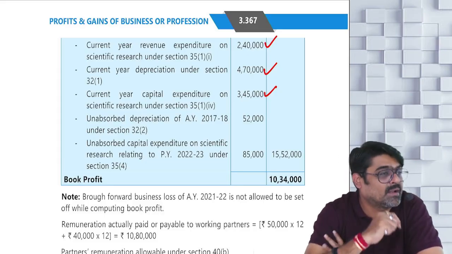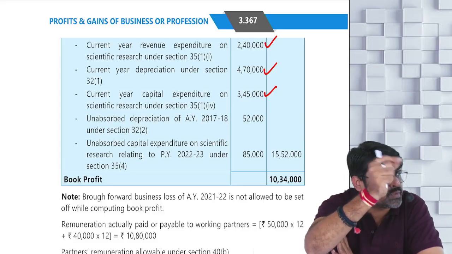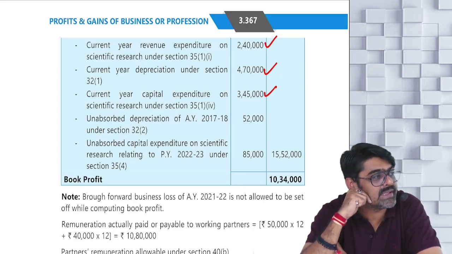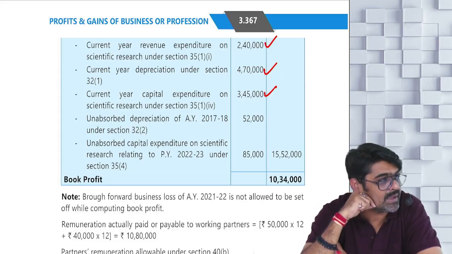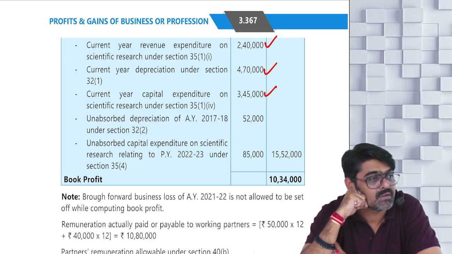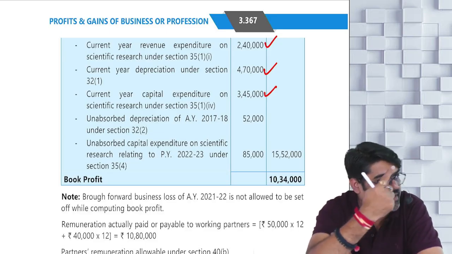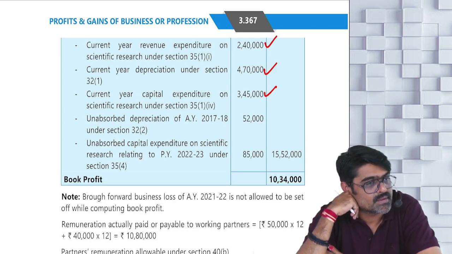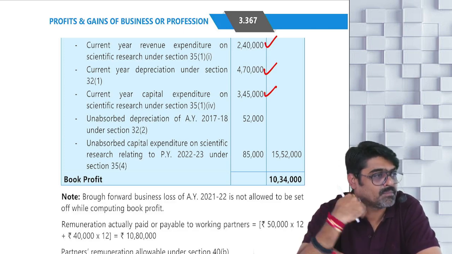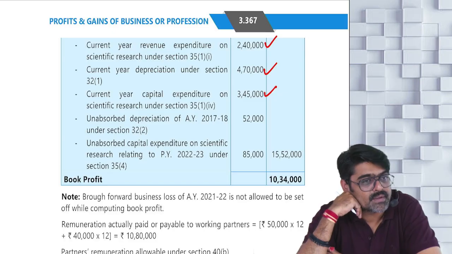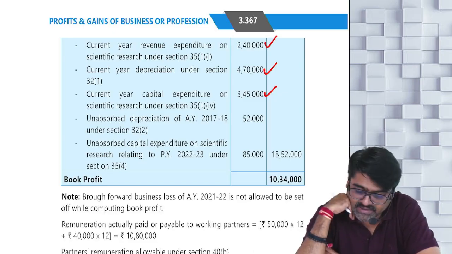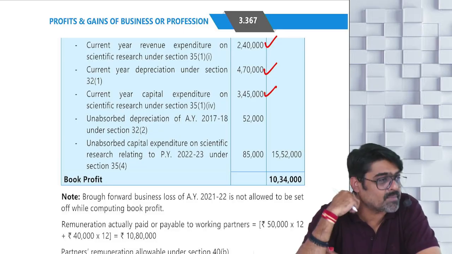So in that table, start putting the tick marks. What all things are you reducing? Current year depreciation, put a tick mark on that. Current year revenue expenditure, put a tick mark on that. Current year capital expenditure on scientific research, put a tick mark on that.